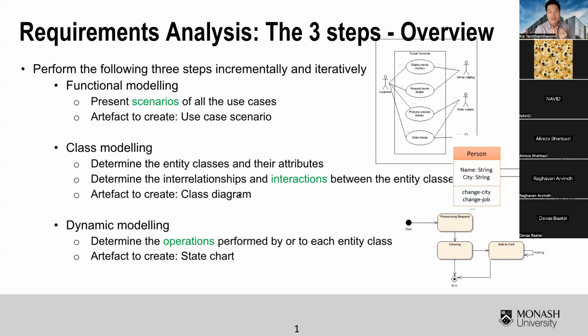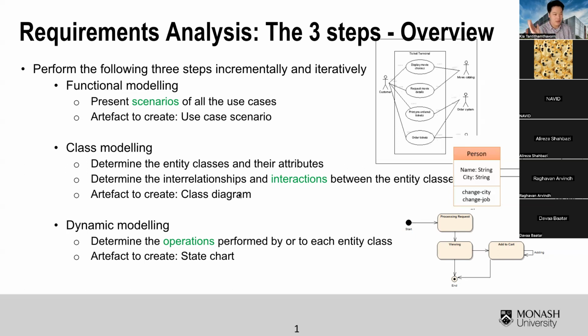And how do they interact with each other between the classes? So this one is called a class diagram. Look at this one, right? The person, let's say customer, is one of the classes of the ticket system.